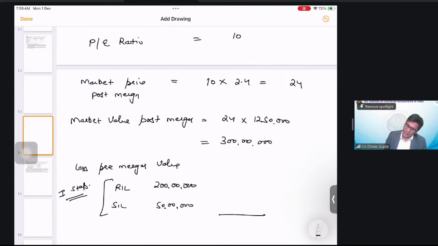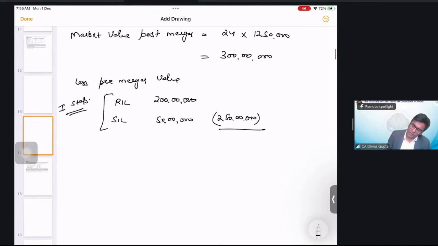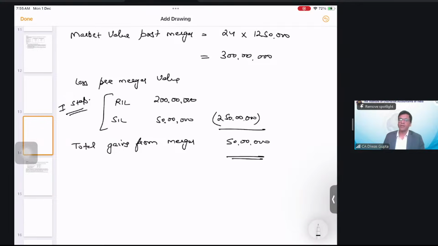So in totality, this comes out to be 2.5 crores. So the total gains from merger is actually 50 lakhs. Right? So the total gains of merger is actually 50 lakhs.